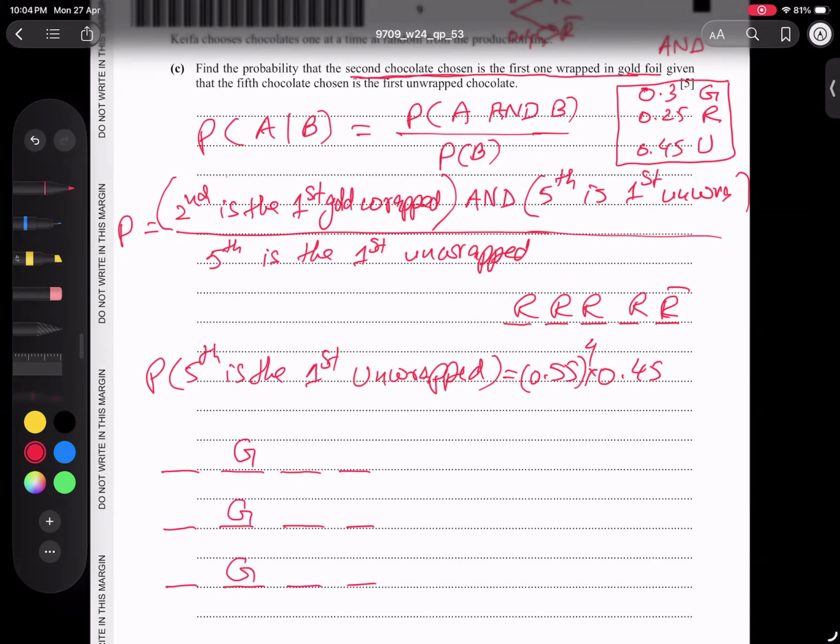And the fifth one is 100% unwrapped. I'm writing unwrapped. So these two conditions, students, are finalized. Repeat my words, read again: the second chocolate is the first time you will get gold wrapped, and the fifth chocolate is confirmed unwrapped.